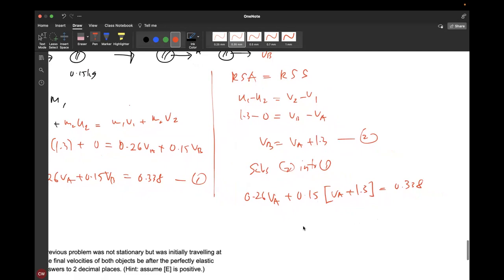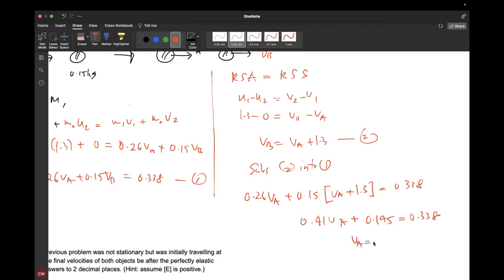These two added together give 0.41 VA, plus 0.15 times 1.3, which is 0.195, equal to 0.338.